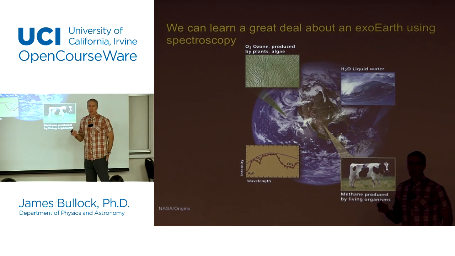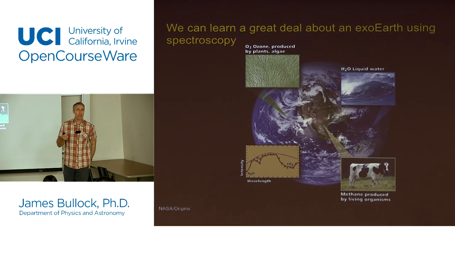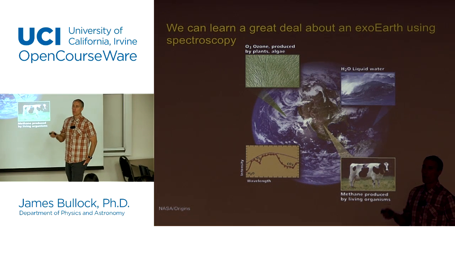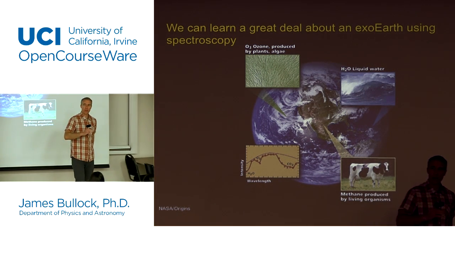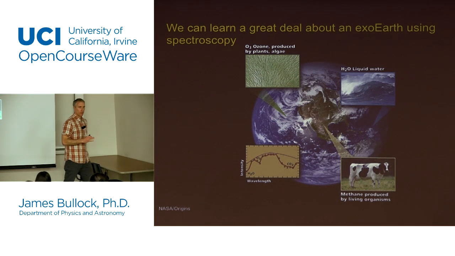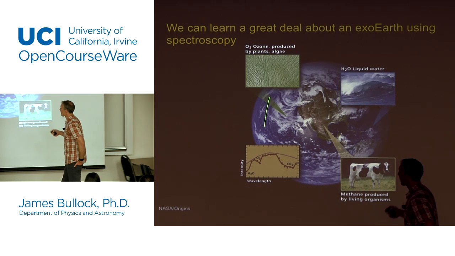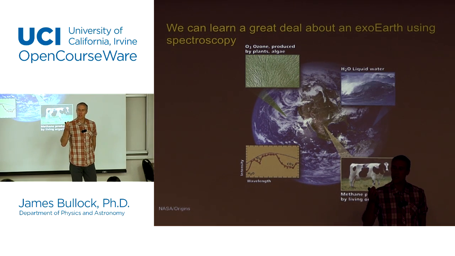Ozone is a really interesting signature in the atmosphere of the Earth because, first of all, it tells us that there's oxygen there. But even more importantly, if you just killed all the plants on Earth, if you killed all the photosynthesis on Earth and had them stop producing oxygen, the oxygen in the atmosphere of the Earth would not last very long. It would be in an unstable situation.